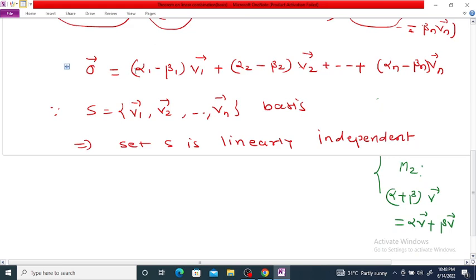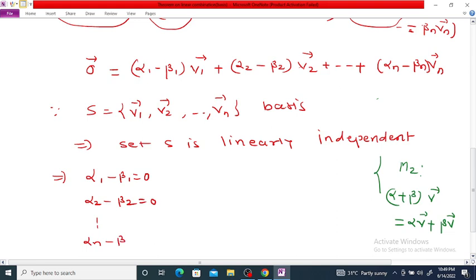If we write k1 V1 bar plus k2 V2 bar plus ... plus kn Vn bar equal to 0, this implies all these scalars are equal to 0. So this implies alpha 1 minus beta 1 equals 0, alpha 2 minus beta 2 equals 0, and alpha n minus beta n equals 0. But what does this imply? This implies alpha 1 is equal to beta 1, alpha 2 is equal to beta 2, and finally alpha n is equal to beta n.